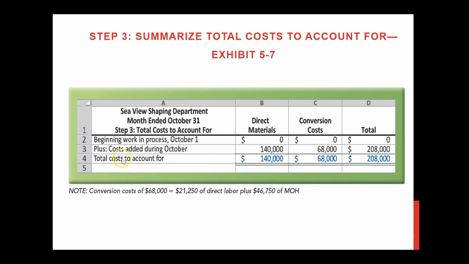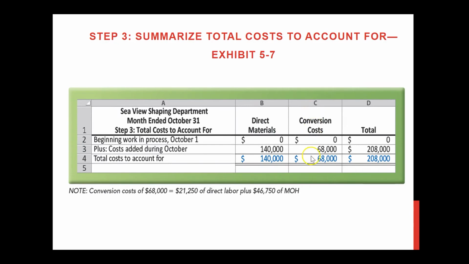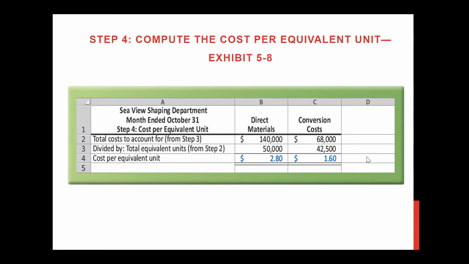We will call it total costs to account for. That means this is the maximum cost that you will have. Column B is our direct material column, column C is for conversion, and column D is the total column.